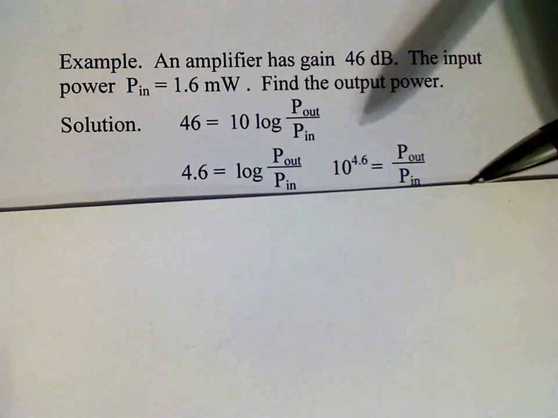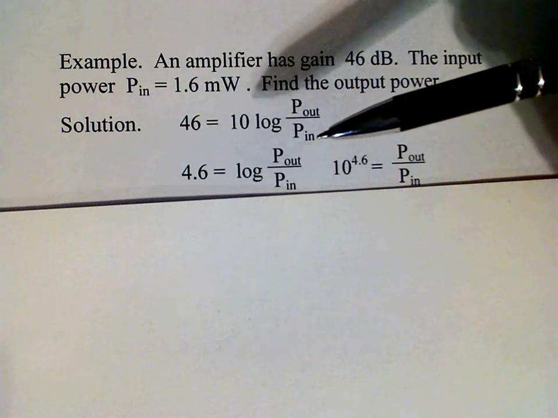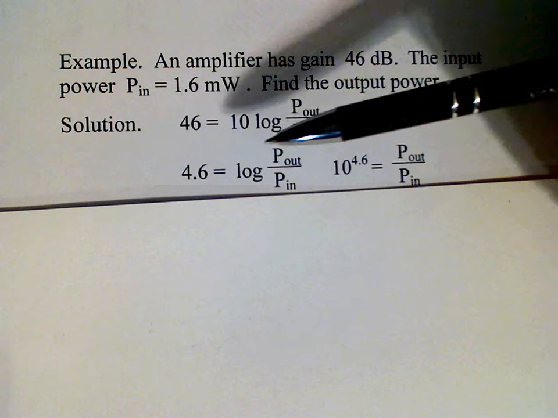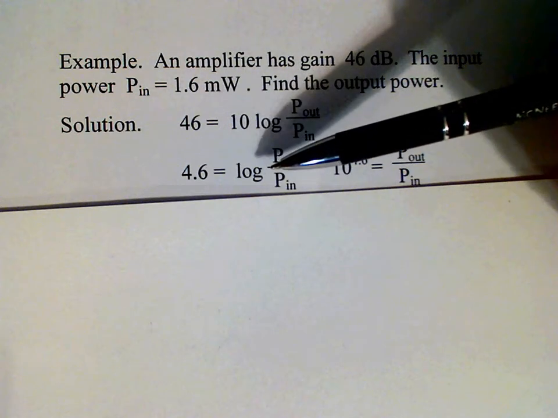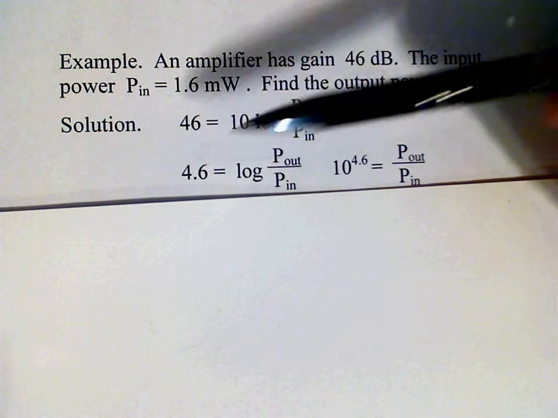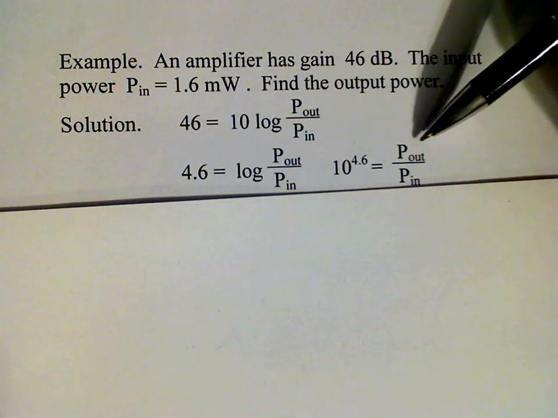And then we want to rewrite this in exponential form. Okay, so again, the base is 10 because we have no subscript here. It's understood to be 10. We find the exponent on the other side. So that means we have 10 raised to the 4.6 power equals P out over P in.